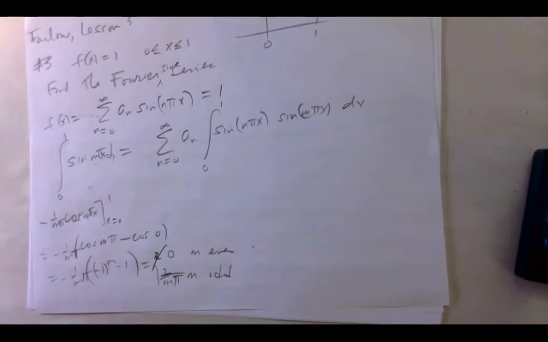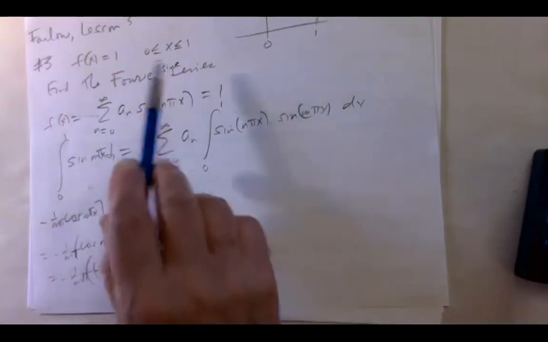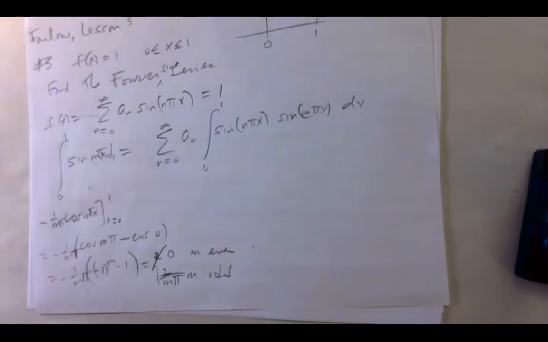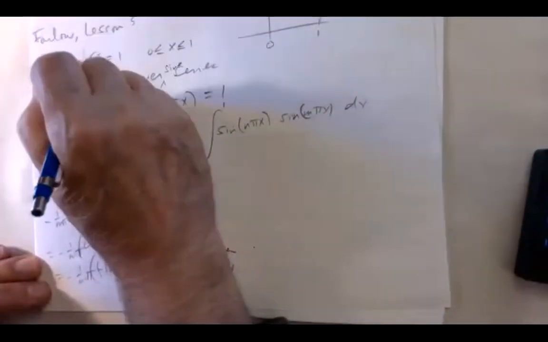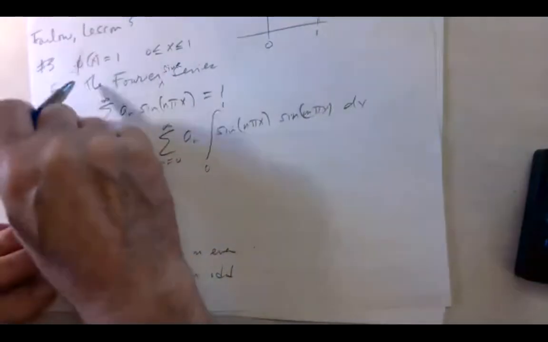So we want to find the first 3 or 4 terms of the sine series for phi of x, equal to 1. Let me just make sure I use the same notation that the book is using, which is phi of x.